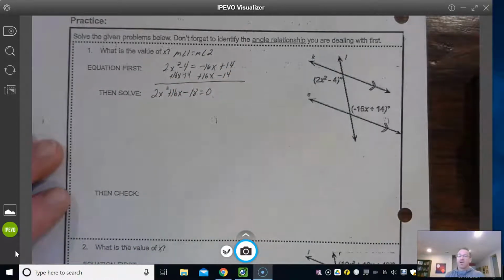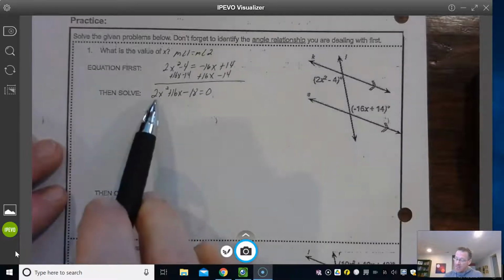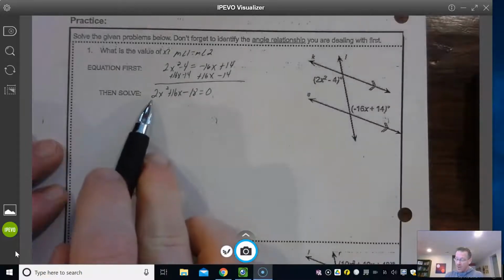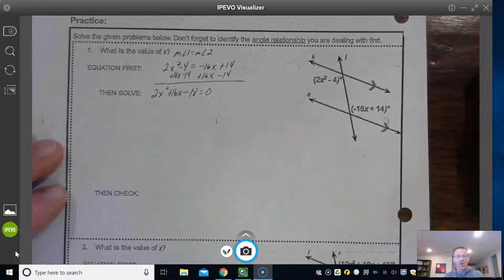Now, a couple things when we're solving. One is a GCF. Sometimes we can see a GCF, and we can pull it out of the problem, and it makes our numbers a little bit easier to work with. For example, in this particular problem, we can see that 2, 16, and 18 are all divisible by 2. Since we're solving, we can divide everything by that constant GCF.